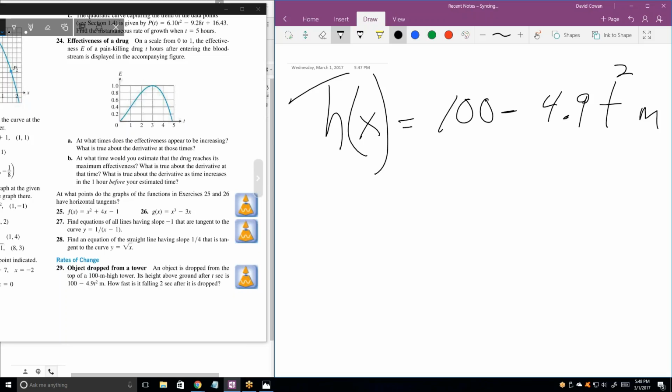In other words, what is h of 0? It's 100, because when you plug in 0 for t, this whole second term disappears. So that tells us that everything makes sense. They told us that they dropped it from a 100-meter high tower, so the height better be 100 at time equals 0.